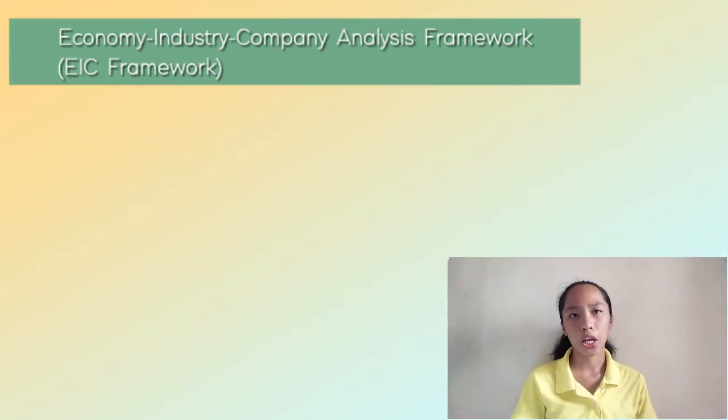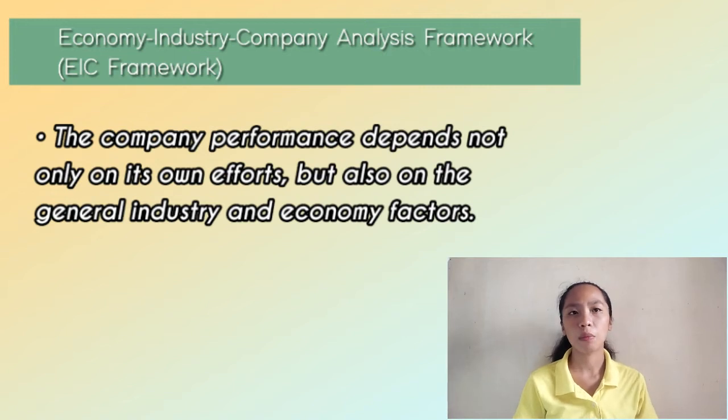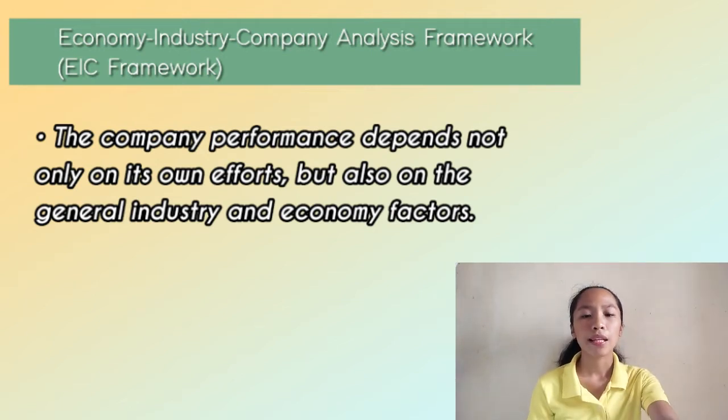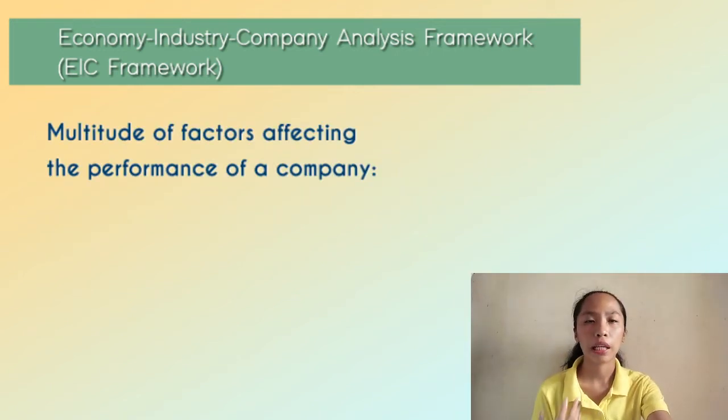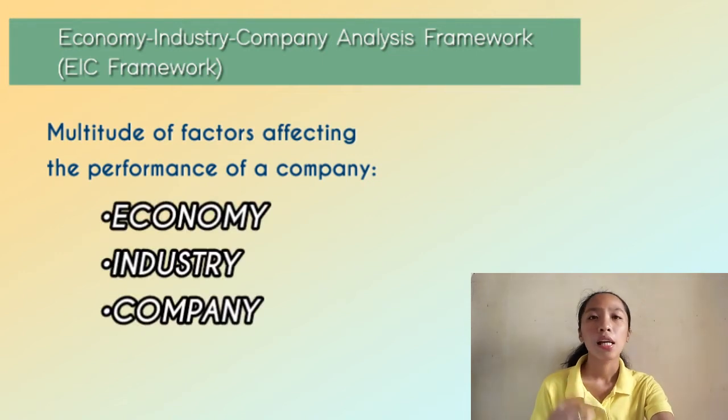The logic of this three-tier analysis is that the company's performance depends not only on its own efforts, but also on the general industry and economy factors. So it simply says that the performance of the company depends on the performance of the industry and economy as a whole. There are a multitude of factors affecting the performance of a company: the economy, the industry, and the company.